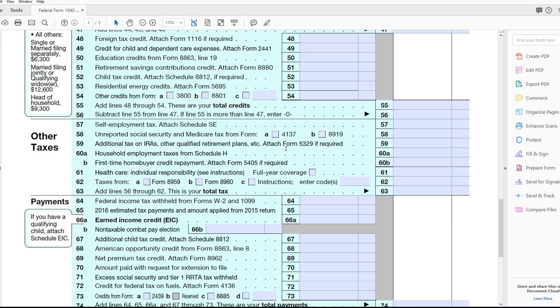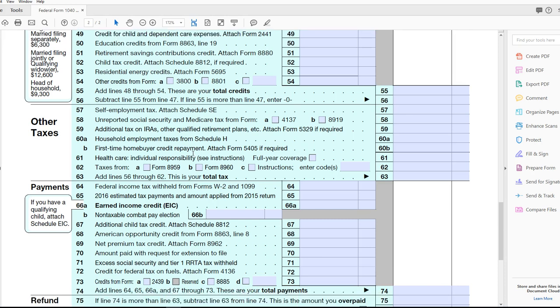Unreported Social Security Medicare tax, that's an unusual item. There's additional taxes on IRAs. Again, very specialized rules there. Household employment taxes, this is if you hire a housekeeper or a nanny or something like that and deduct employment taxes from them. You can report them here.